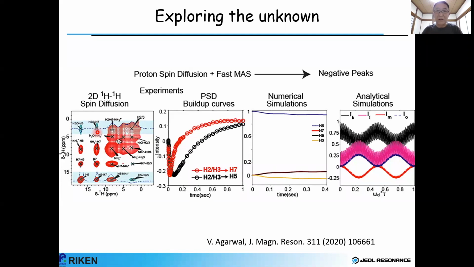This is clearly explained by the flip-flop term of the spin terms. This term we never think about, but it has a significant effect on this correlation experiment. The proton-proton experiment is very fundamental, simple, basic, but still there are a lot of unknowns. So my message is that there is a lot of field to work on.